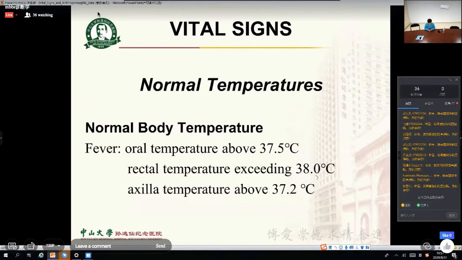If we identify a COVID infection patient, we need to take the temperature 3 times. If each time the patient has a temperature exceeding 37.5, this may be suspected fever, and then we need to do further examination and other tests.